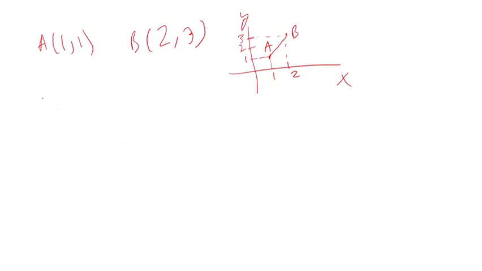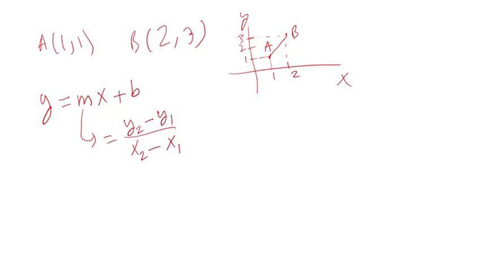In general, the line equation is y equals some slope m times x plus an intercept b. The slope m is equal to, if you have 2 points, y2 minus y1 divided by x2 minus x1, and the order doesn't matter as long as you are consistent.